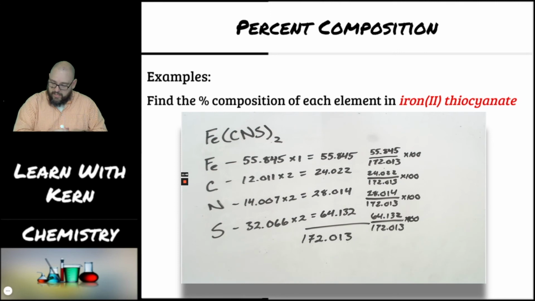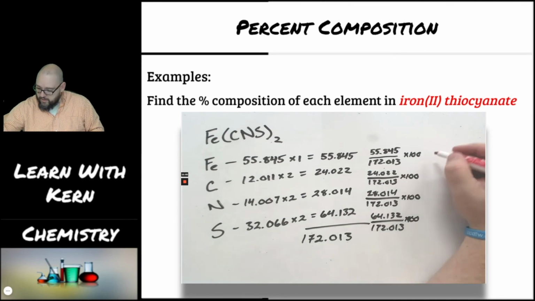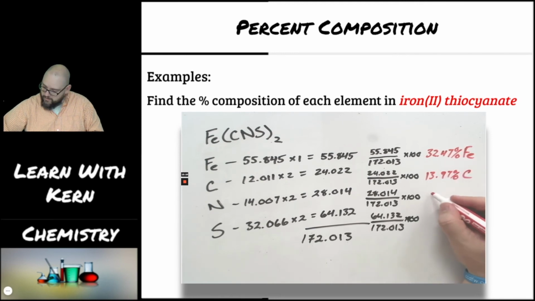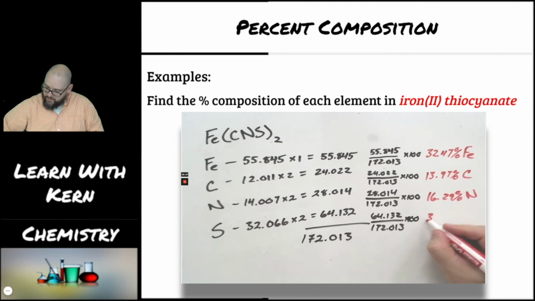And now when I do that, that gives me an answer of 32.47% iron and 13.97% carbon, 16.29% nitrogen, and 37.28% sulfur.